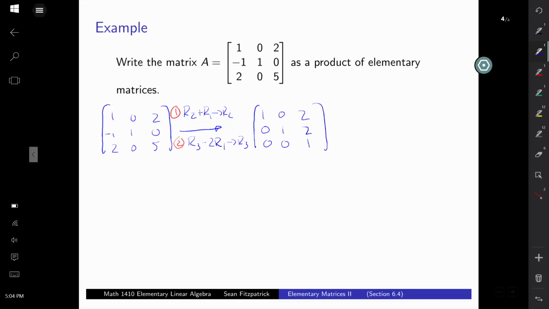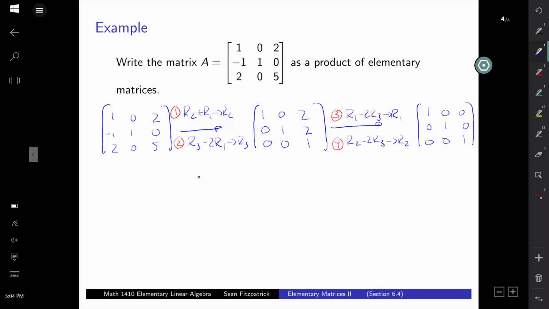Okay, you can see I set this one up to go rather quickly, because I only have so much space on these slides. I need 2 more row operations and we're going to get there. Row operation 3 is going to be row 1 minus 2 row 3 into row 1, and then 4 is going to be row 2 minus 2 row 3 into row 2, and I'm done.